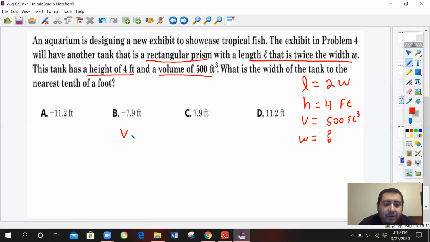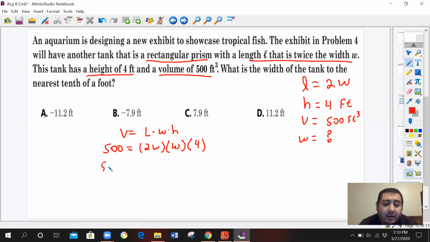So volume is gonna be length times width times height. I forgot it was a prism, sorry. So volume is gonna be 500. Our length is 2W, so again, parentheses, 2W. Since we don't know our width, we're gonna just put width again. Our height is gonna be 4.